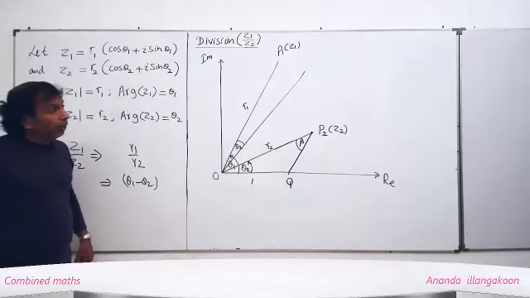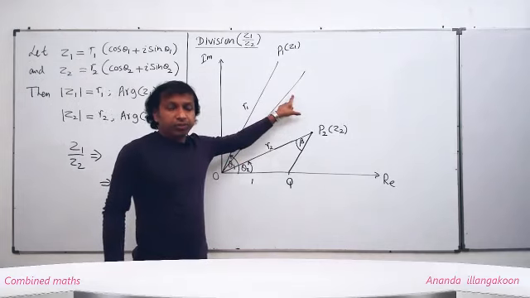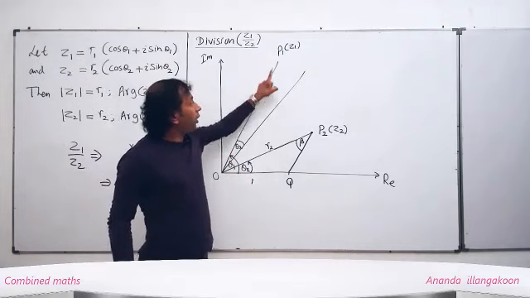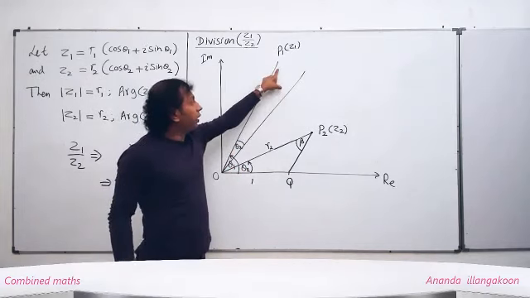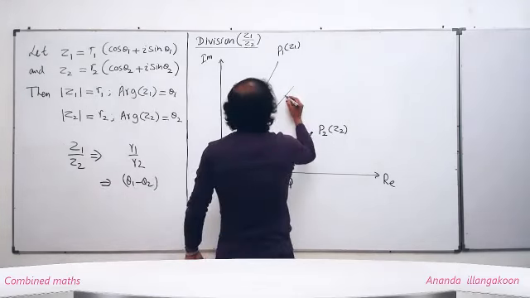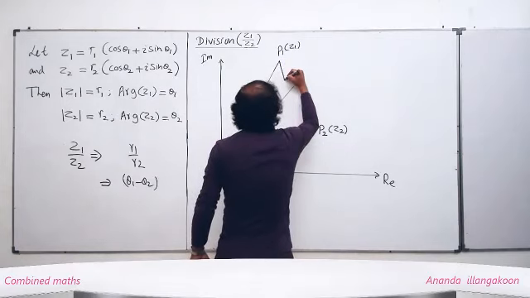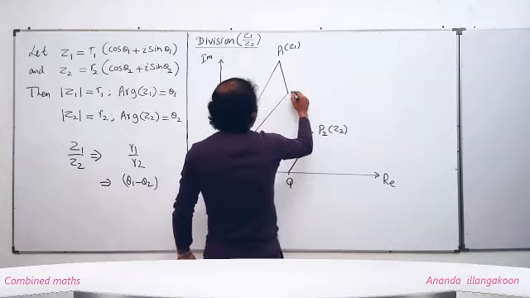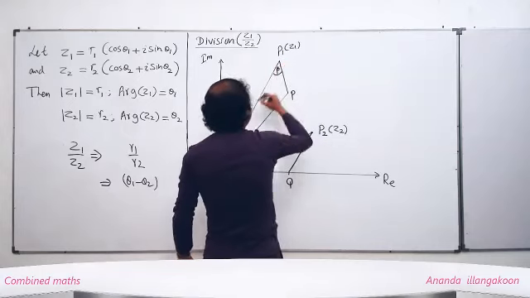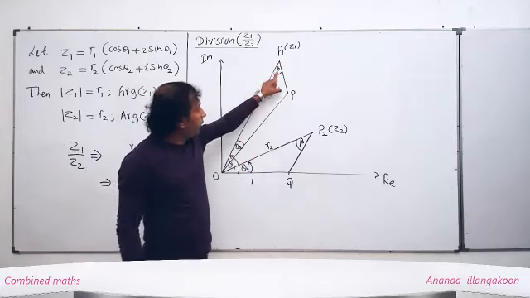Now we select a point on this line. Suppose that point is P, so that the angle OP1P will be equal to this beta. A point P selected here so that this angle is beta. Then here this is theta 2, this is theta 2, this is beta, this is beta.